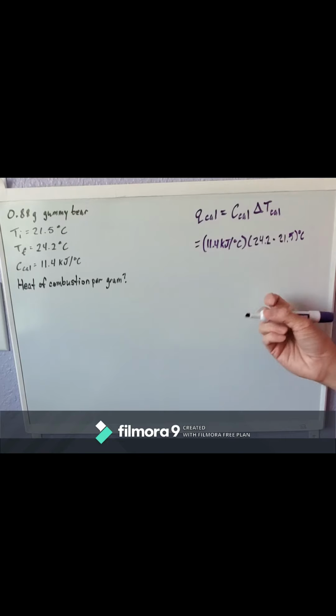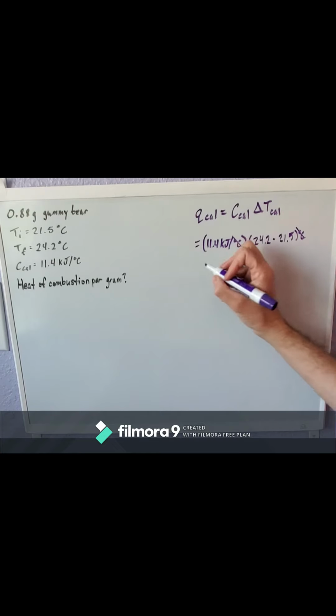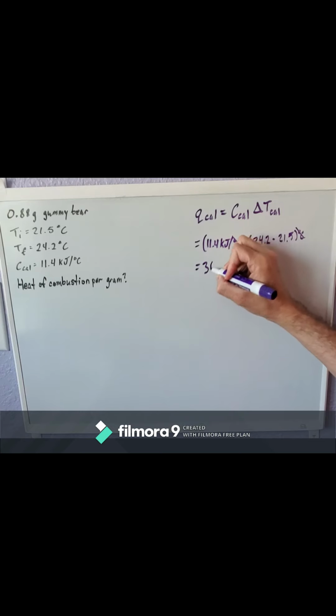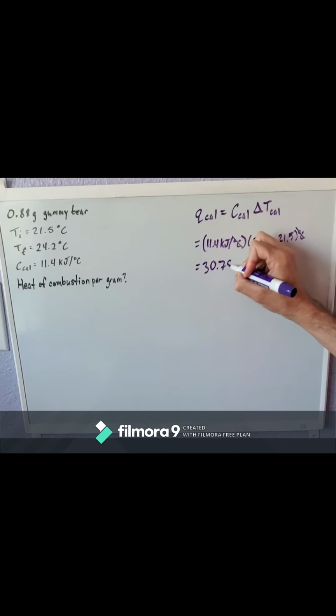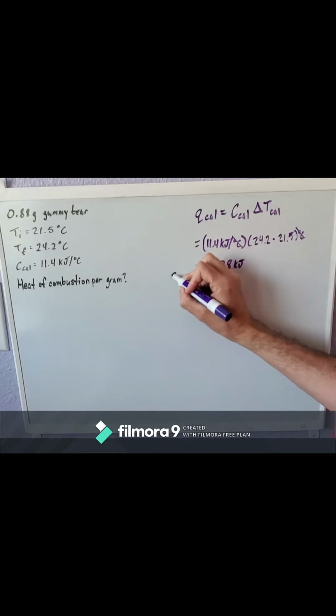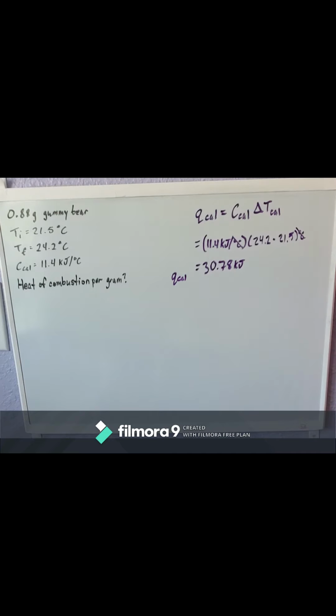Working this out, degrees Celsius cancel out with degrees Celsius, and our final unit should only be kilojoules. If you calculate this, I ended up with 30.78 kilojoules of energy. Remember, this is Q cal, the heat of combustion of the calorimeter.